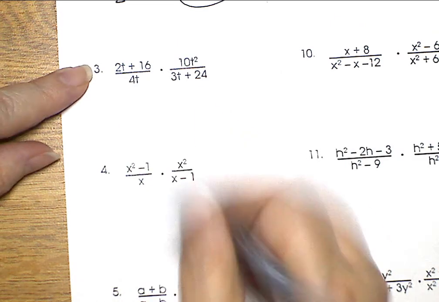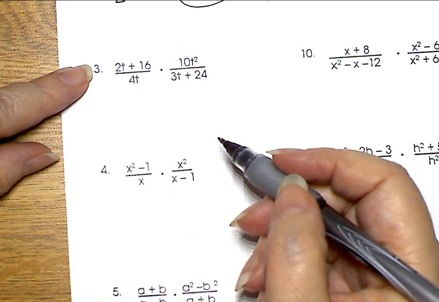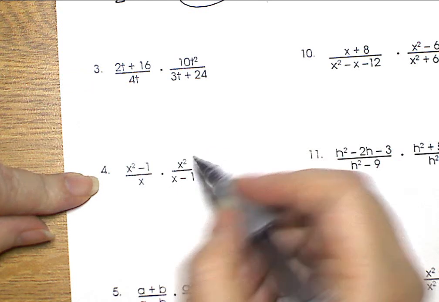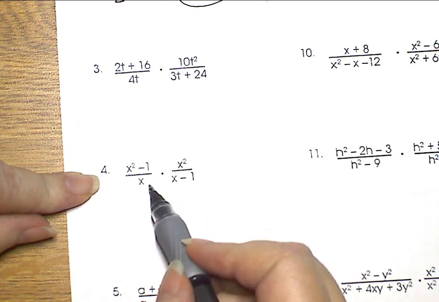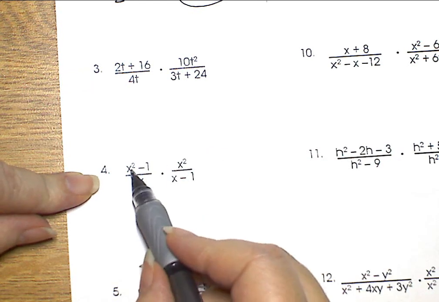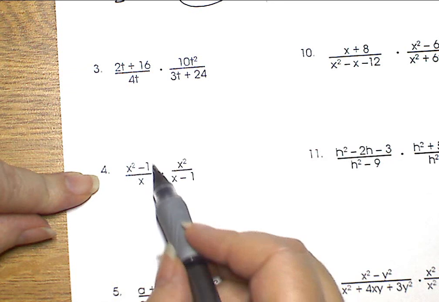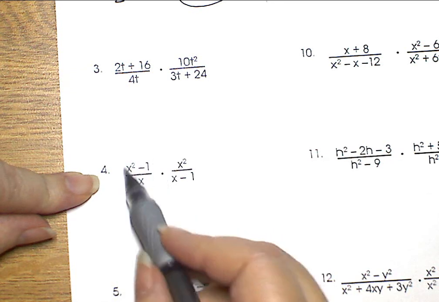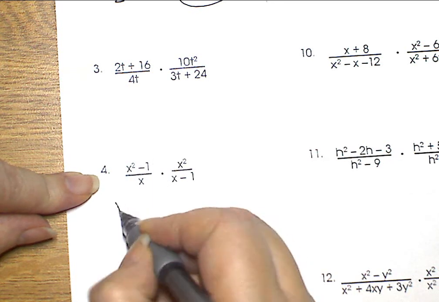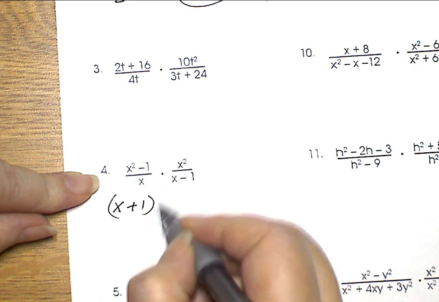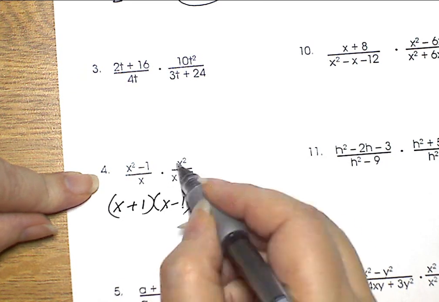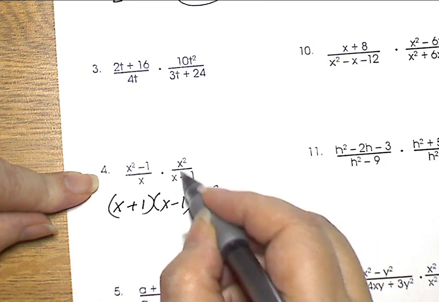You have to do a minus one, like the number 4. Okay, that's fine. When you have x squared minus 1, the first thing you have to do is think of your perfect squares. X plus 1 and x minus 1. And then we have x squared on the top, because that's still on the top.